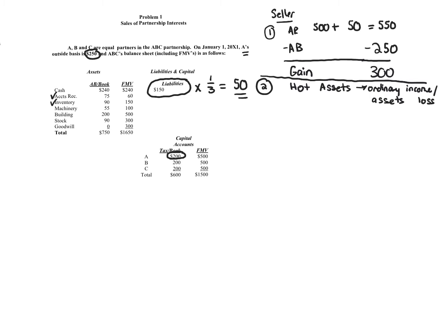Here we're told in the facts that the partnership purchased the machinery 3 years ago for $120, and we know the basis now is $55. That means there's been $65 of depreciation, because you take the 120 purchase price minus the 55 basis, and you get 65 of depreciation. So that is depreciation recapture.